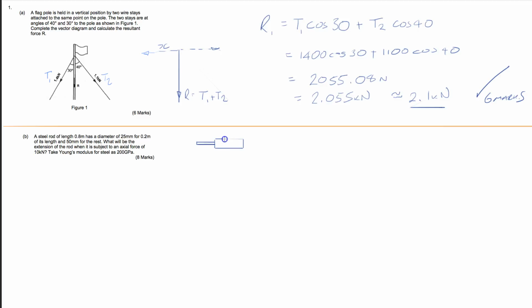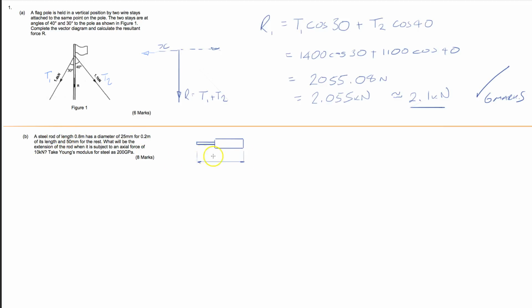I'm trying to do this as honestly as possible and not prepare the answers first. So I'm just following my own advice of draw a diagram, write variables. Right, a steel rod of length 0.8 overall. There we go, didn't know I could do faint lines, that's good.